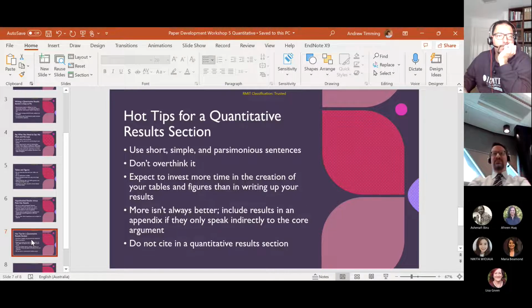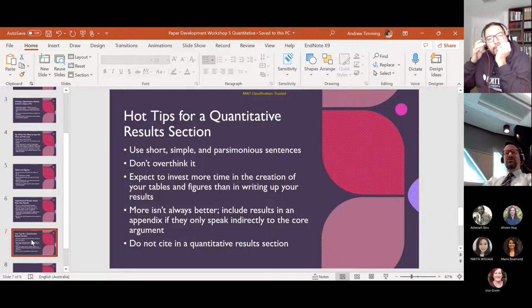You don't need to impress people, especially in a results section, with fancy, sophisticated, postmodern language. If you can express something in 10 words, it's better to express it in 10 words than 100 words, right?